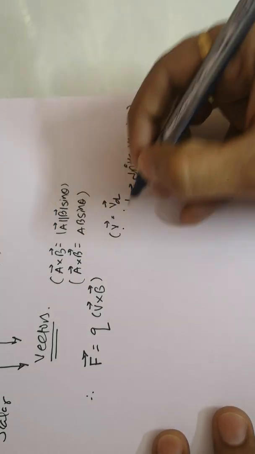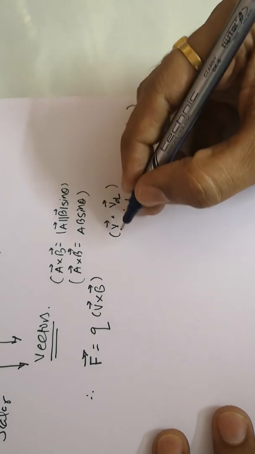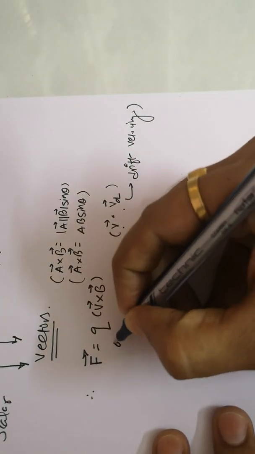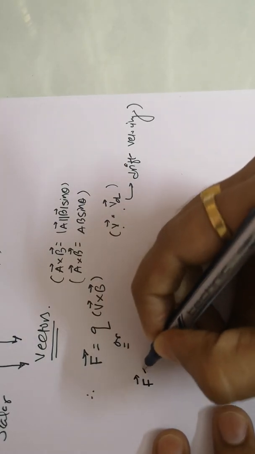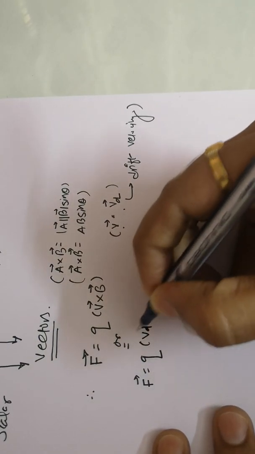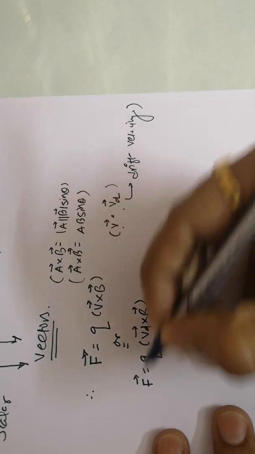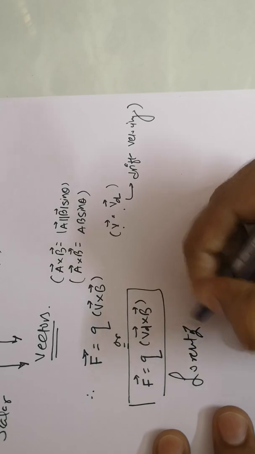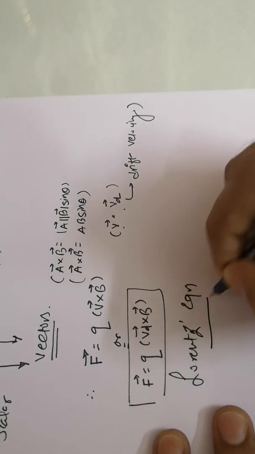So both are part of the scalar part and the vector part. So vector v equals vector vd, the drift velocity, and you can place F equals q vd cross B. This equation is called the Lorentz force equation, or Lorentz equation.